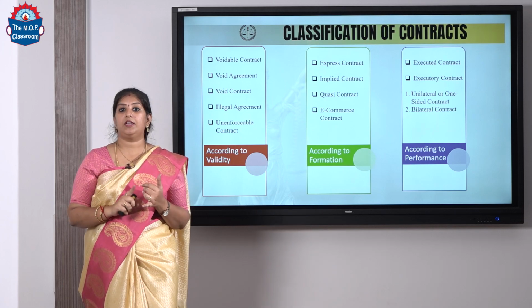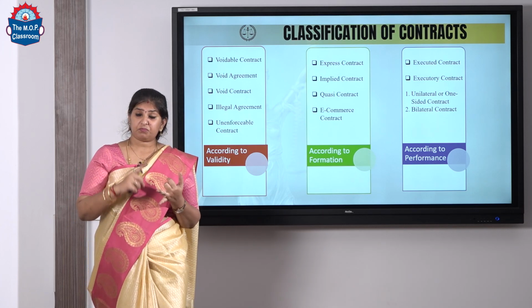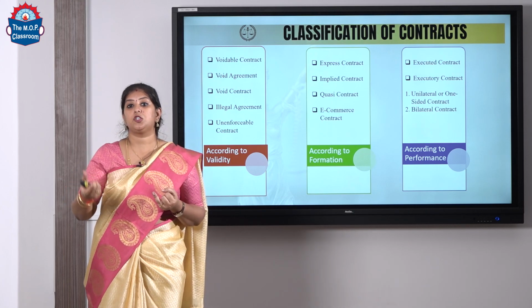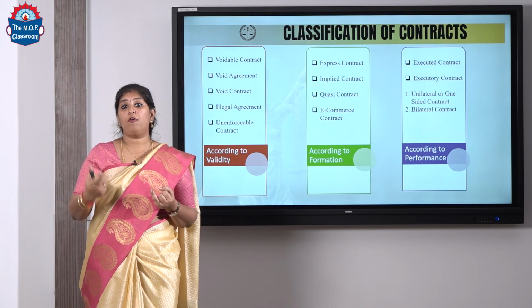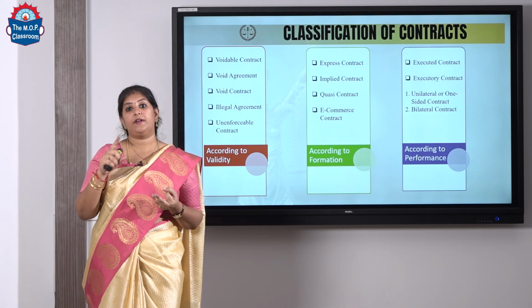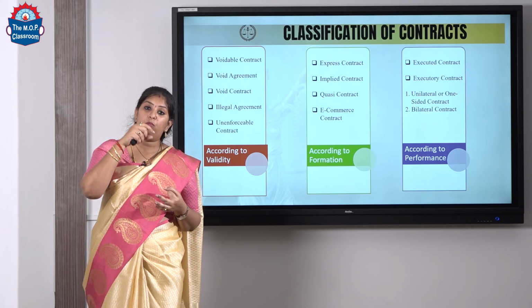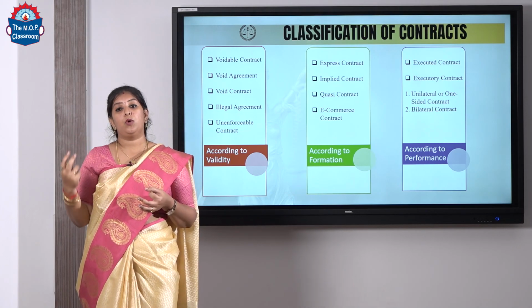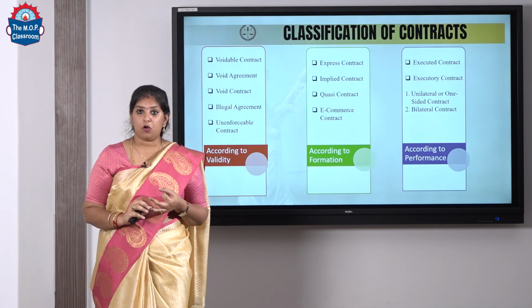Then when one person has promised a specified time limit, but within that he is not able to perform the contract, that will also be treated as voidable. And the third situation is when one person is restraining the other person from doing that contract.